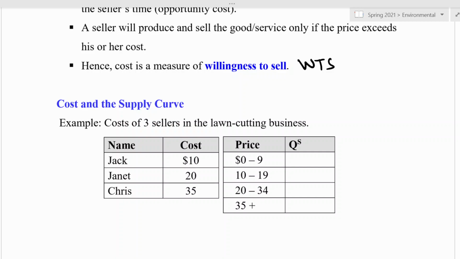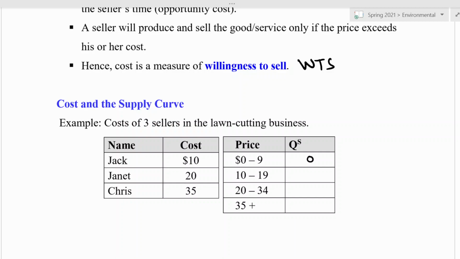So when the price of a lawn to be mowed is between 0 and 9, nobody's able to cover their costs at less than $10. So the quantity supplied at these low prices is 0. Nobody can cover their costs, so nobody's going to do it.